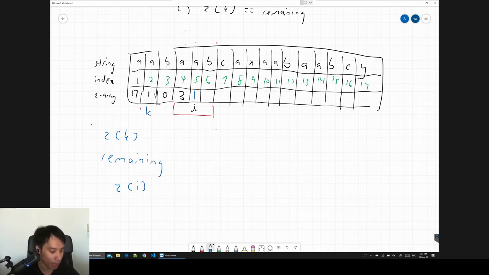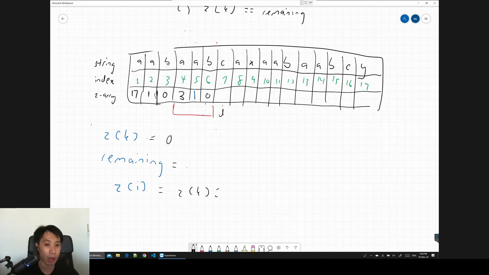Okay, so when I increment my I, I do not change my Z box. So when my I increments, my k also increments. I realize k is 0, my remaining is 1, therefore I set it equal to k, which is 0. Copy it. Because the number is 0, which is less than my remaining, I do not have a new Z box, increment my I.